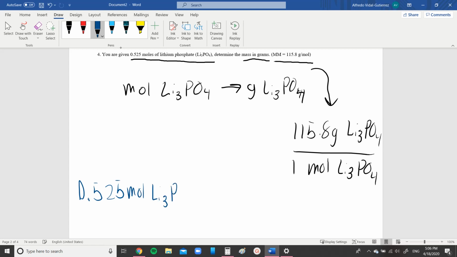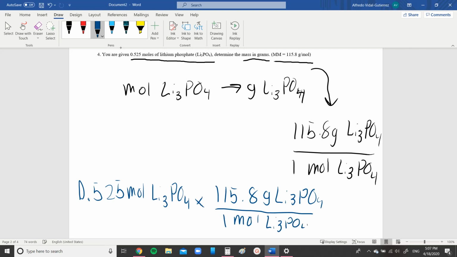And the ultimate goal is to divide by moles of Li3PO4 or cancel that unit out. In our unit conversion, moles of lithium phosphate is already at the bottom, aka you'd be dividing by it. So you're going to keep this exactly the same. So you do times 115.8 grams of Li3PO4 over or divided by 1 mole of Li3PO4.